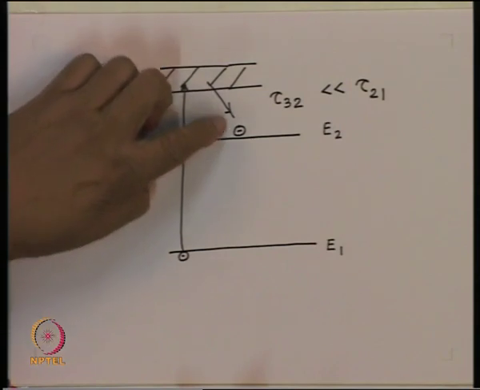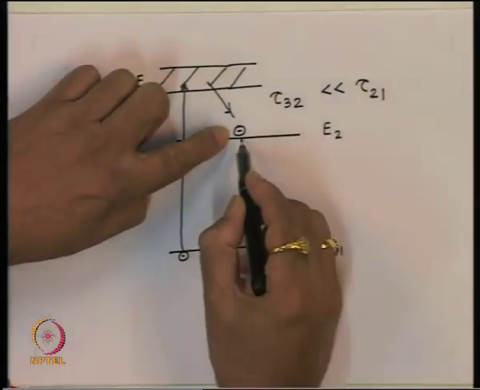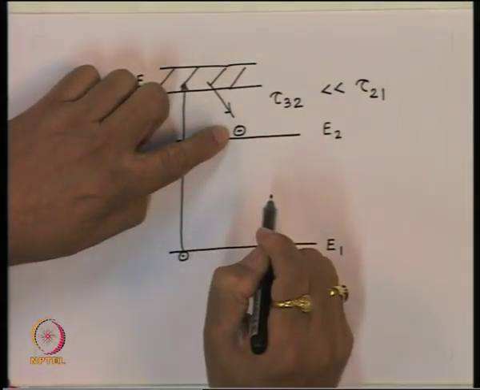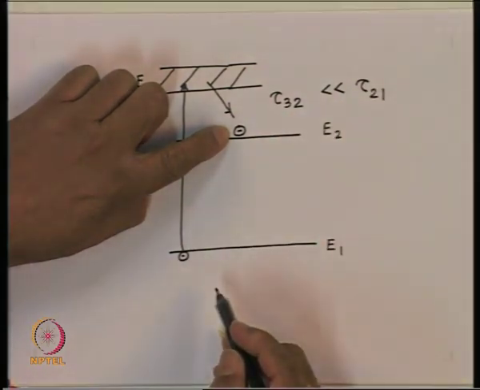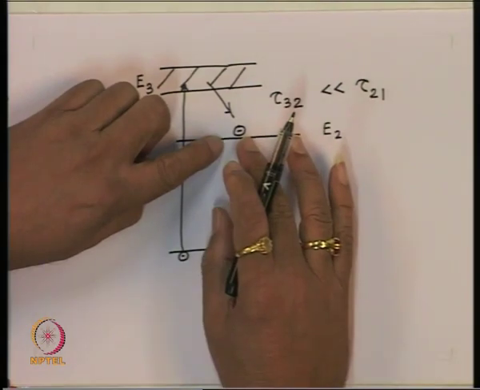Very quickly the electrons will come here to energy level E2. And now since tau 2,1 is much larger compared to tau 3,2, it will wait there at energy level 2.